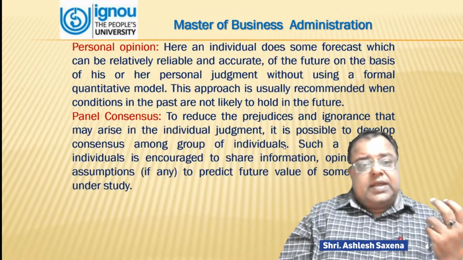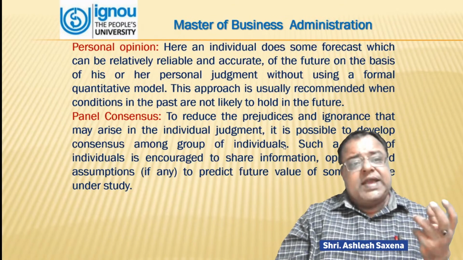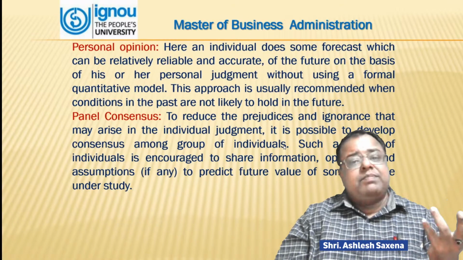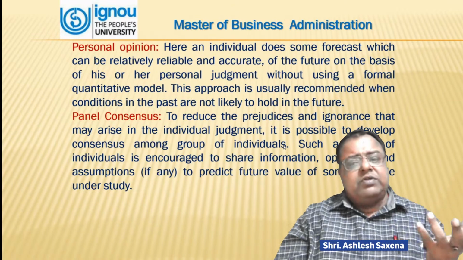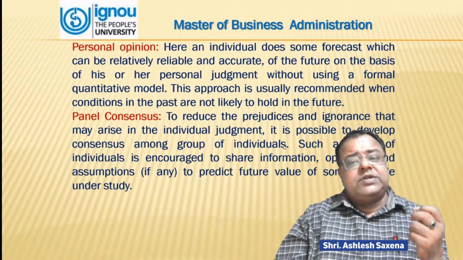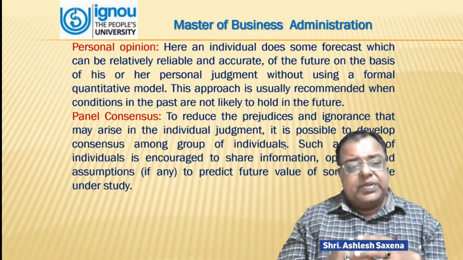Personal opinion. Here, an individual makes a forecast, which can be relatively reliable and accurate, of the future on the basis of his or her personal judgment without using a formal quantitative model. This approach is usually recommended when the conditions in the past are not likely to hold in the future.